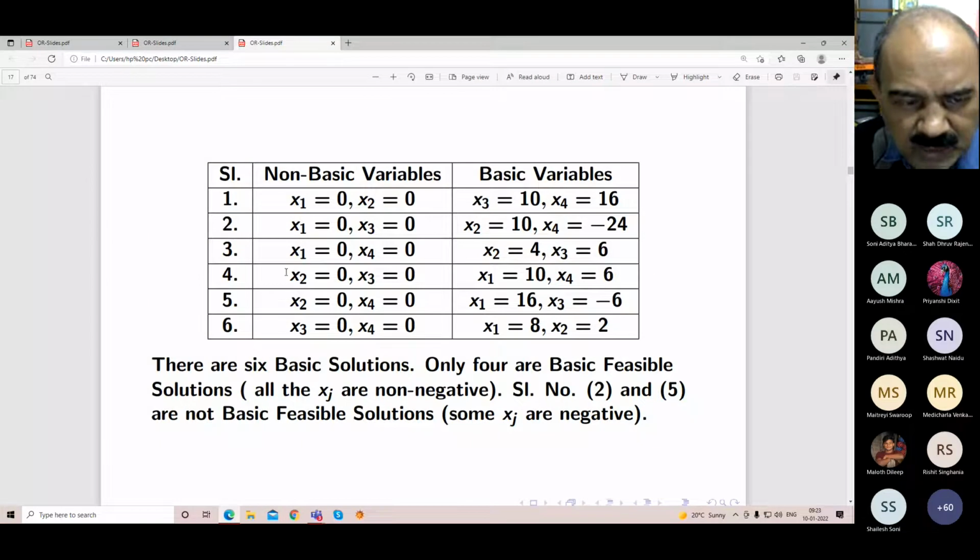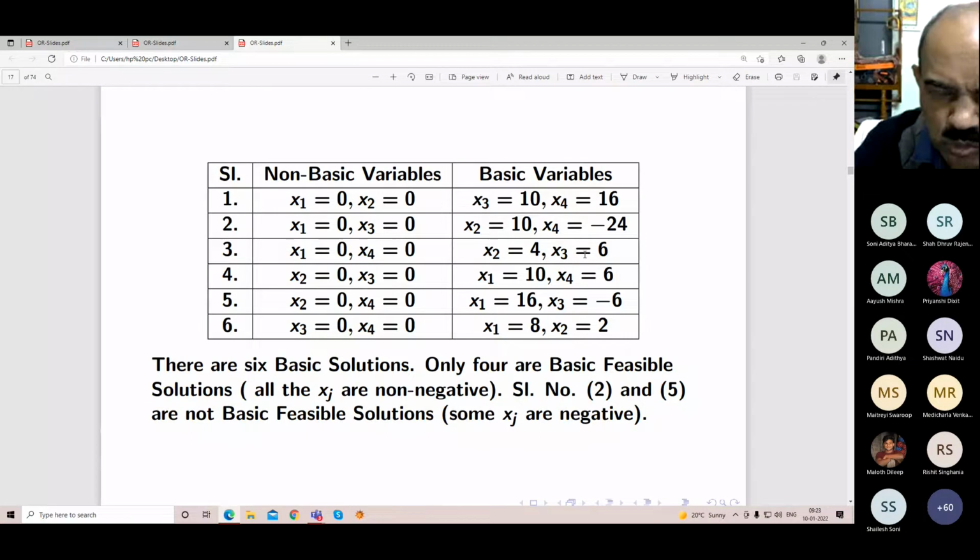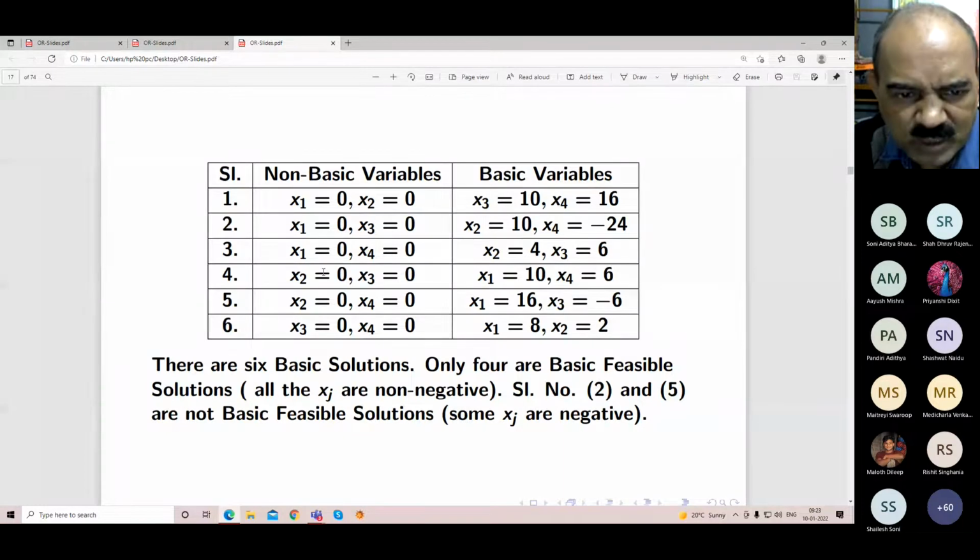Third one: x1 0, x4 0, x2 4, x3 6. We need only x1 and x2, no other. If you consider only x1, x2, we find x1 equal to 0, x2 equal to 4.